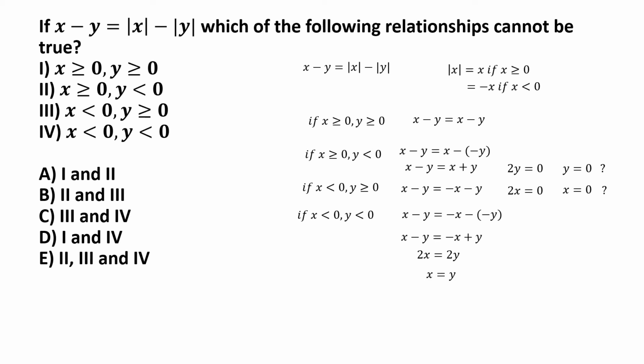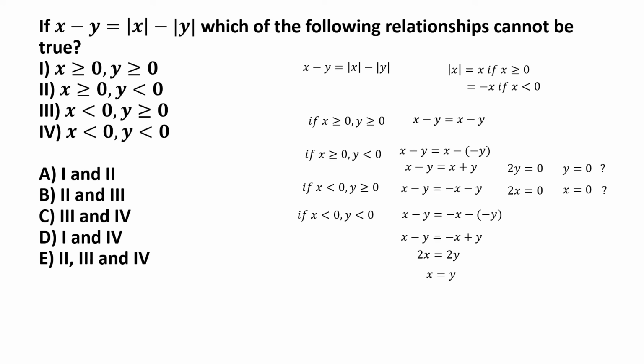So in this particular domain, it seems like there are values of x and y for which the relationship x minus y equal to mod x minus mod y will be satisfied. And the criterion for those values is that x has to be equal to y. This is very evident if you look at both sides of the equation. For x equal to y, x minus y becomes 0, and of course mod x minus mod y also becomes 0.